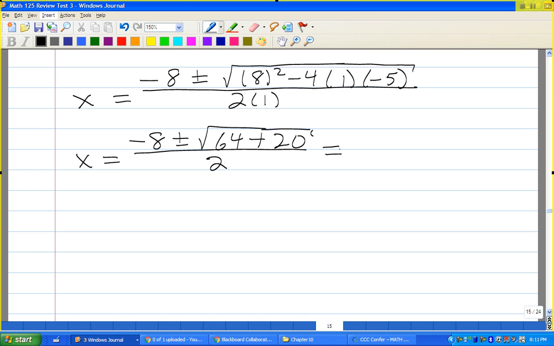And so this is equal to negative 8 plus or minus the square root of 64 plus 20, 84, over 2.